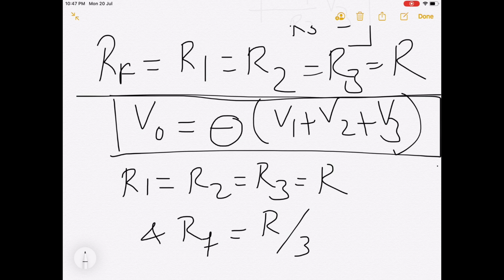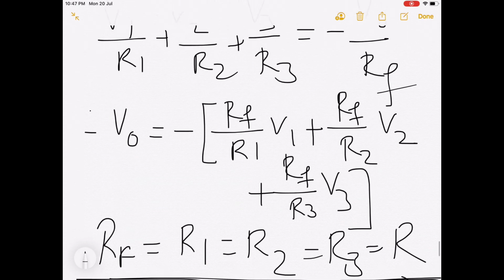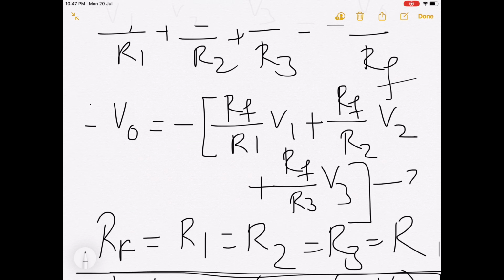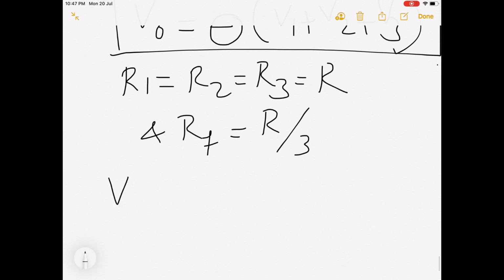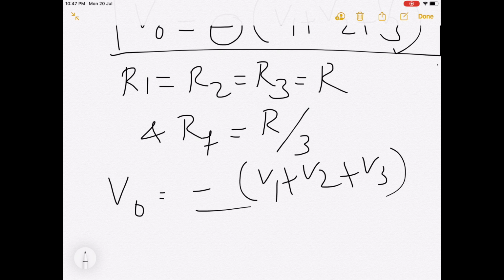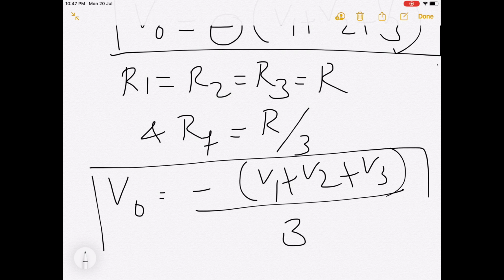Put these values in equation number 2. You will get VO is equal to minus of V1 plus V2 plus V3 divided by 3. So this is the average of 3 inputs. So that's why op-amp as an adder can be used as averaging circuit.